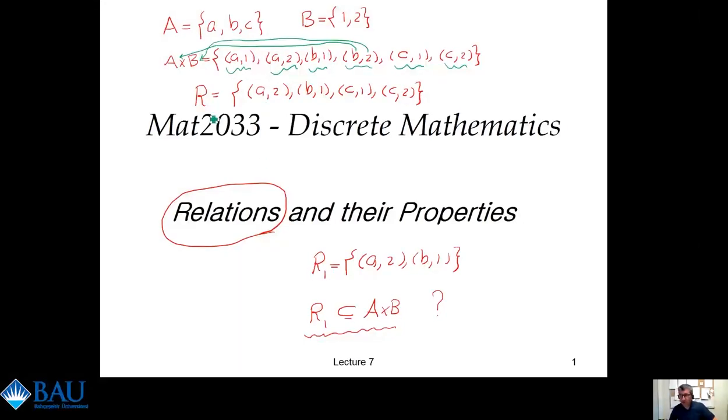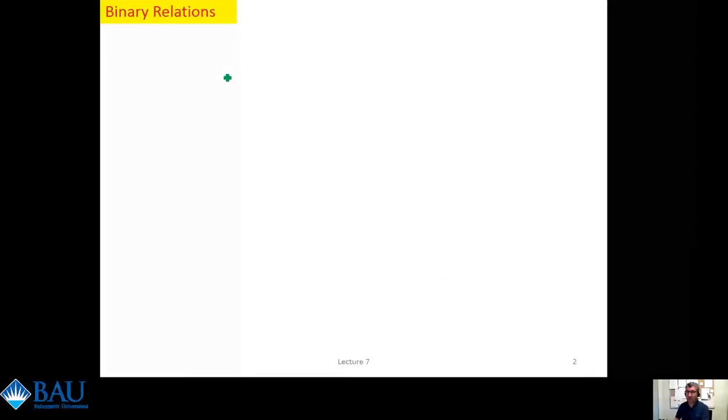So if you pick any element in R, the first component comes from A, and the second component comes from B, because we have A cross B.